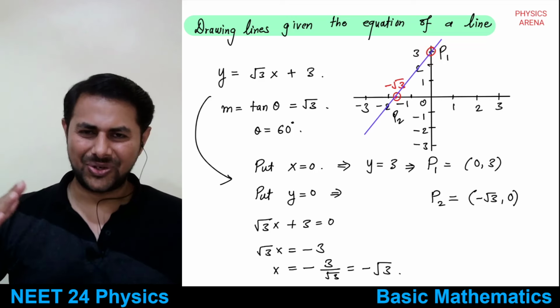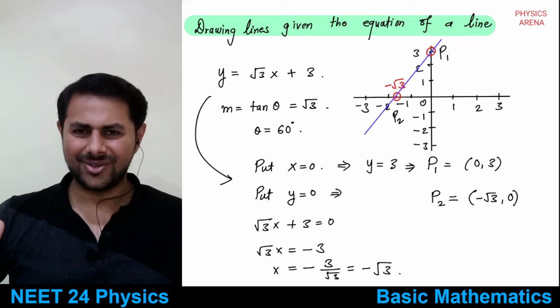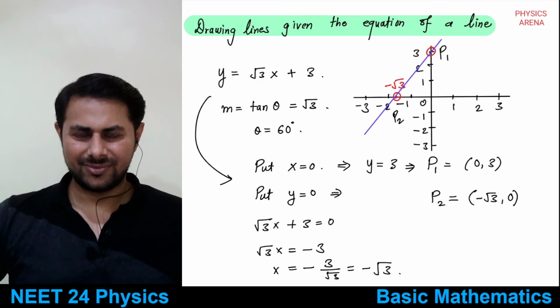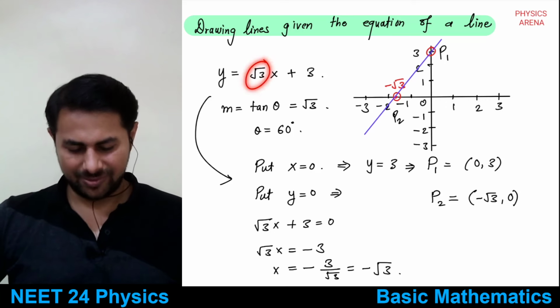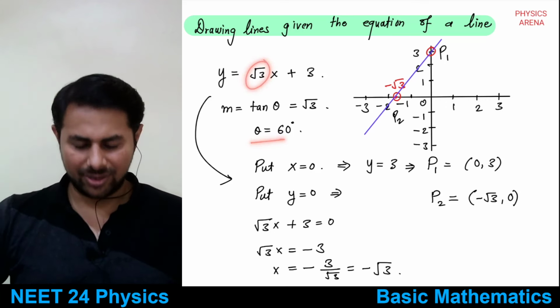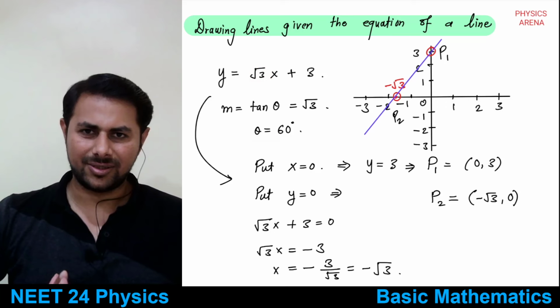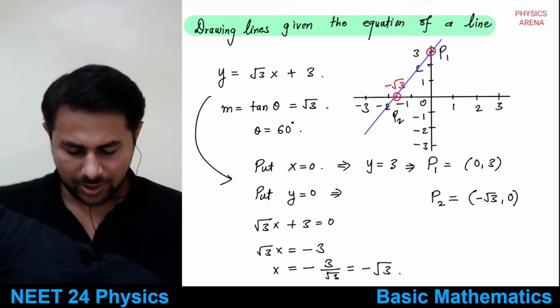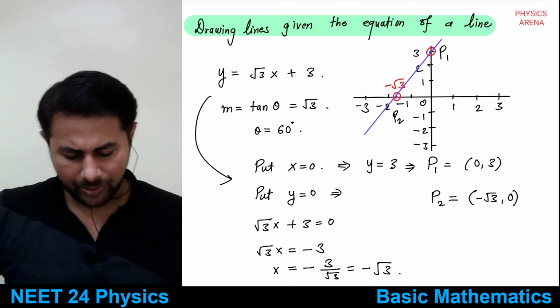So you need to draw a line. Slope is what? Root 3, means it makes an angle of 60 degrees with the x-axis. So now you got one point.